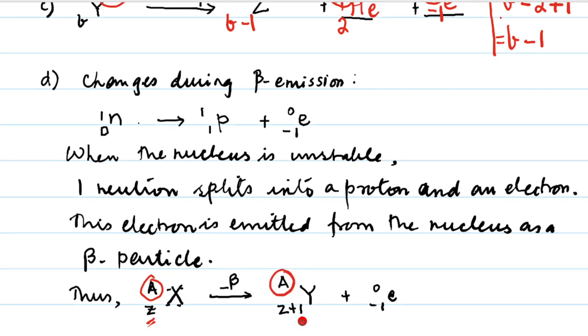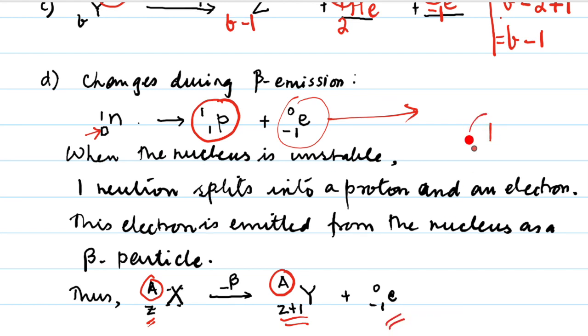And Z becomes Z plus 1 because one proton is created. Okay, a proton with positive charge is created. Here there was no charge for the neutron, but now it has become a positive charge. And this electron is going to be thrown off from the nucleus as a beta particle. So I've written that also. Neutron splits into a proton and an electron. This electron is emitted from the nucleus as a beta particle, and this is your beta particle here. Okay, so that gives us 1 mark.